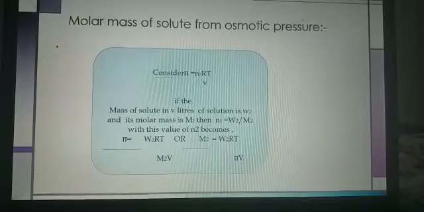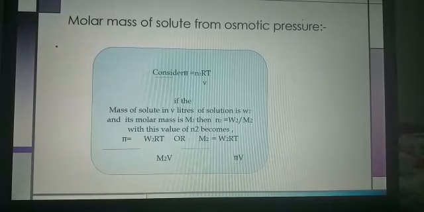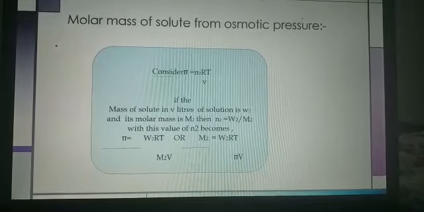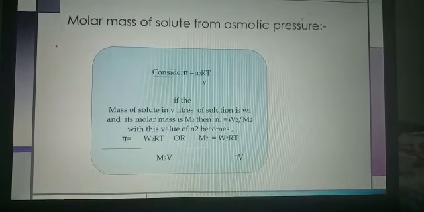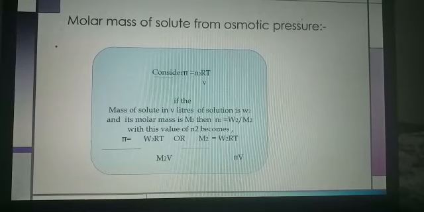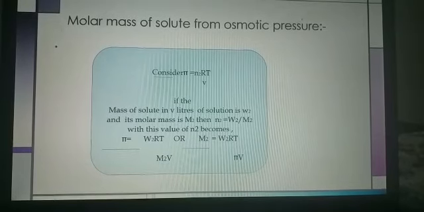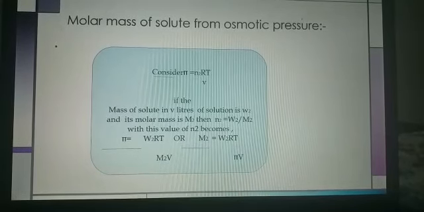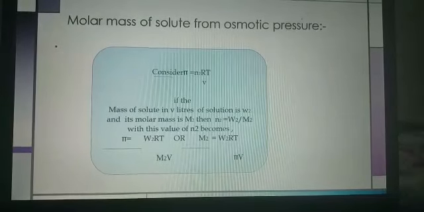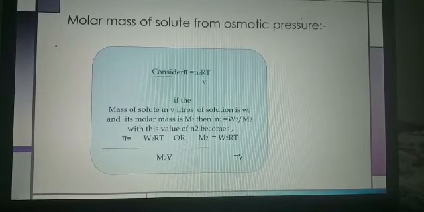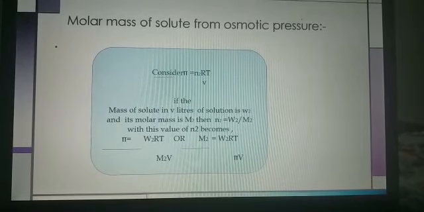Now the molar mass of solute from osmotic pressure. Just to revise, pi = n2RT/V, where n2/V is the molarity, M. If the mass of solute in V liters of solution is W2 and its molar mass is M2, then n2 is equal to W2/M2, that is weight upon mass.